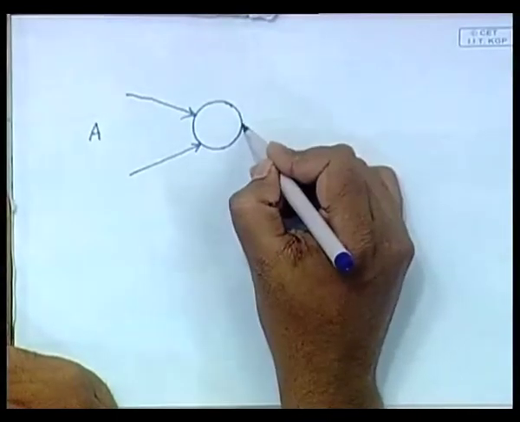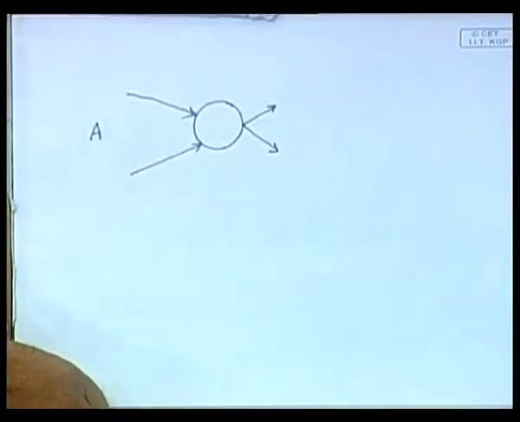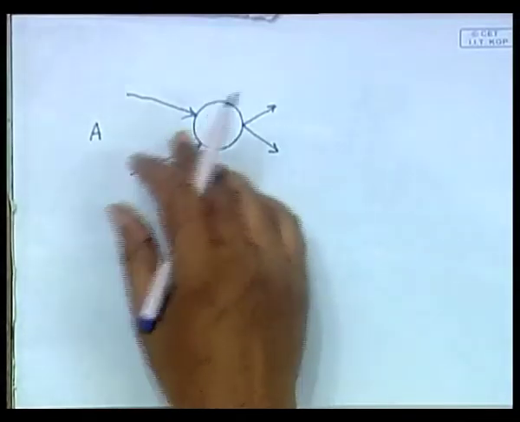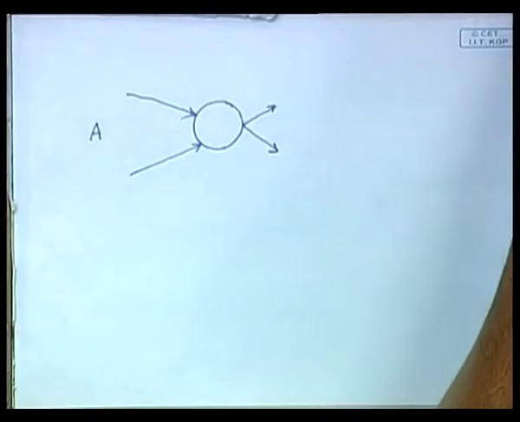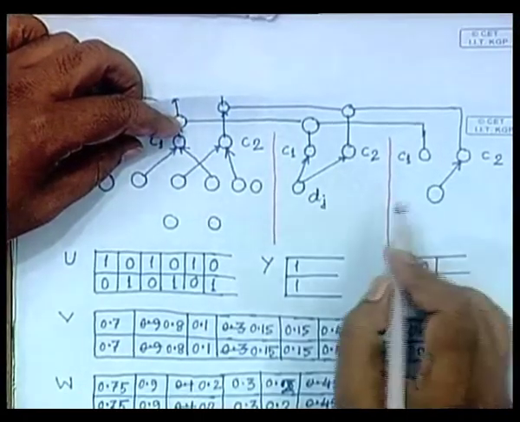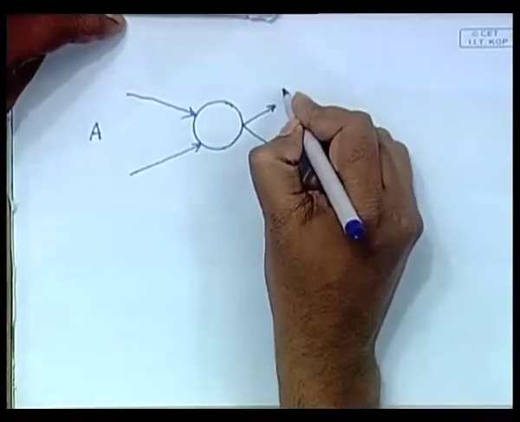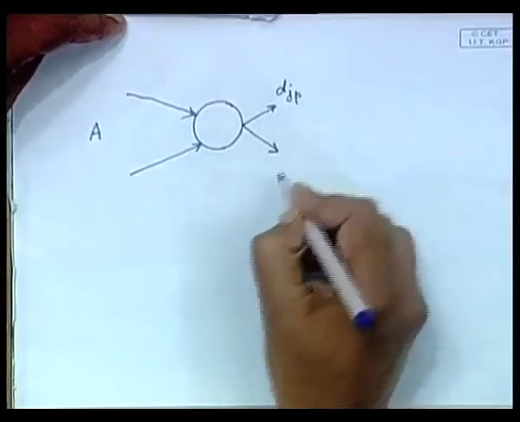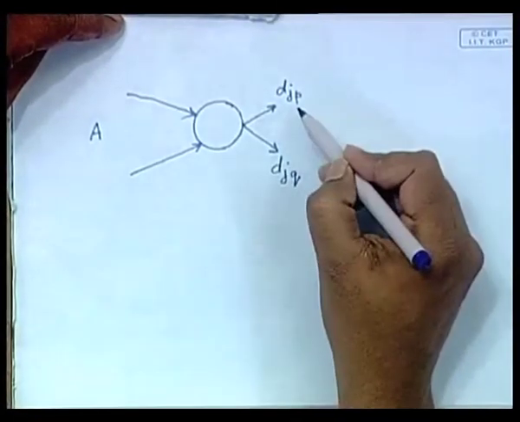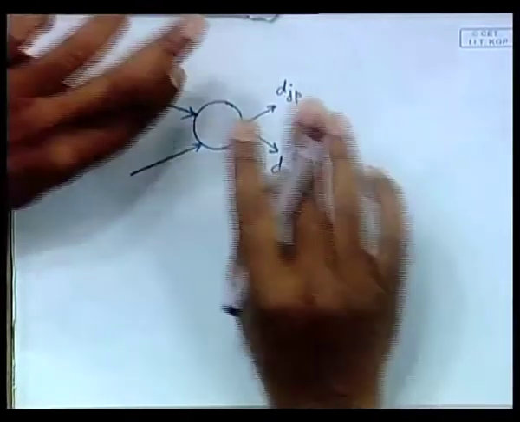This neuron will give me two outputs corresponding to the two hyperboxes that have overlapped. If I represent this neuron by d j, it will give two outputs, d j p and d j q, indicating that the hyperboxes labeled p and q have overlapped.